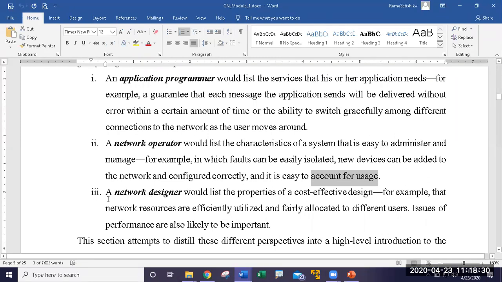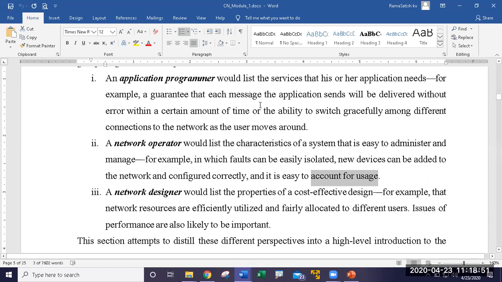Further, from the network designer's perspective, the designer would list various properties like cost-effective design. For example, network resources are efficiently shared, so how he can improve the performance of the network.